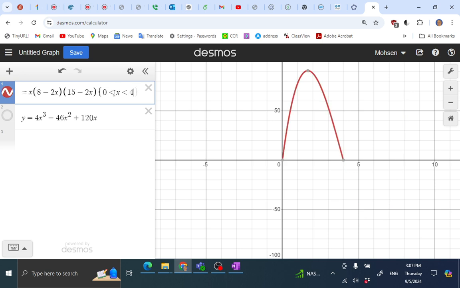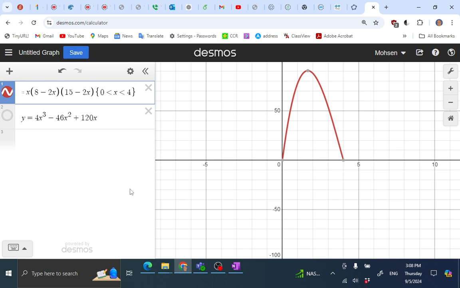So in the curly bracket, I put the domain that I want. This is what your textbook calls the practical domain. A math function doesn't care what x is, but in practice, when you are making boxes, your x only makes sense if it is between 0 and 4. So this is the practical design that you face.